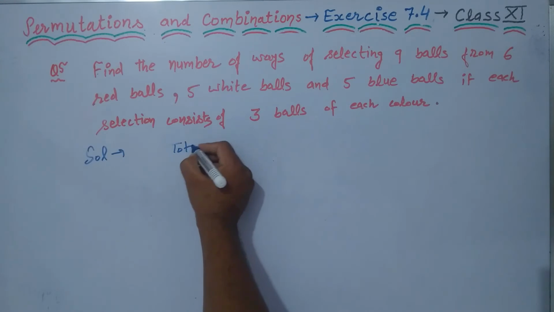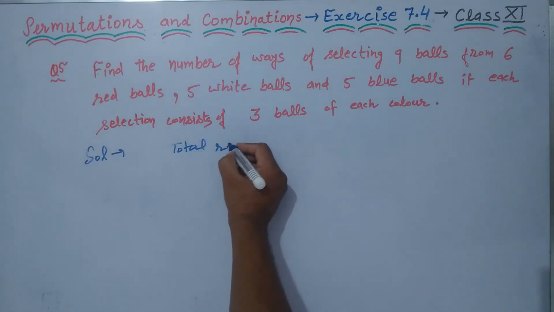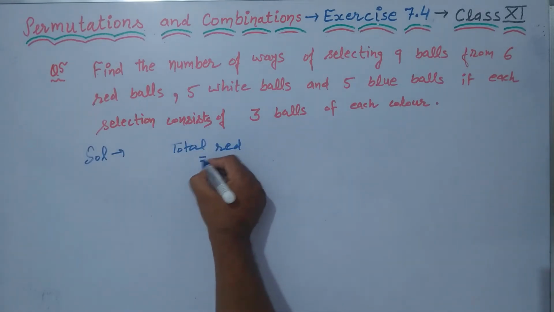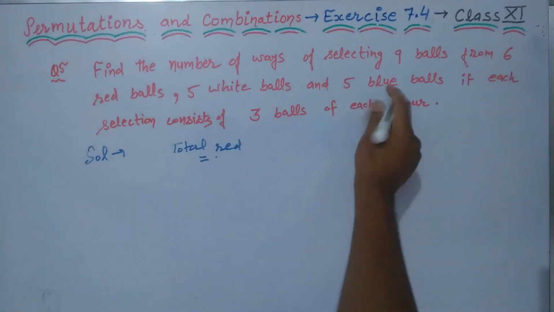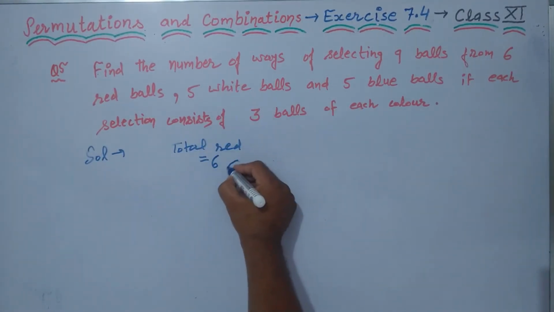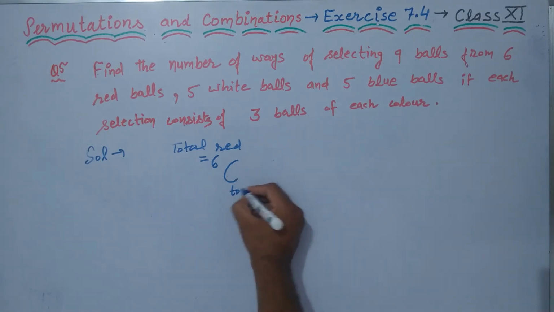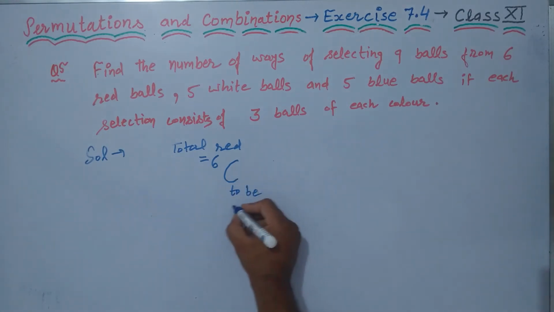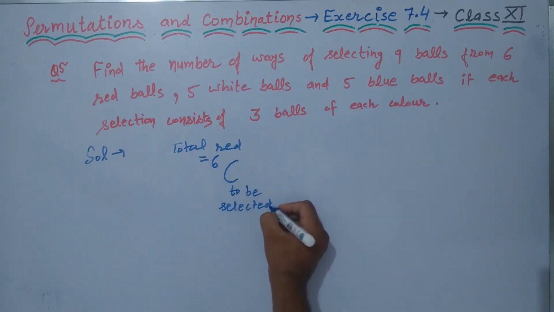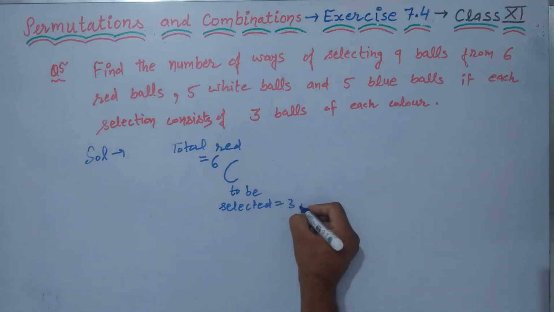Total red balls, they are 6, and we need to select 3 to be selected equal to 3 red.